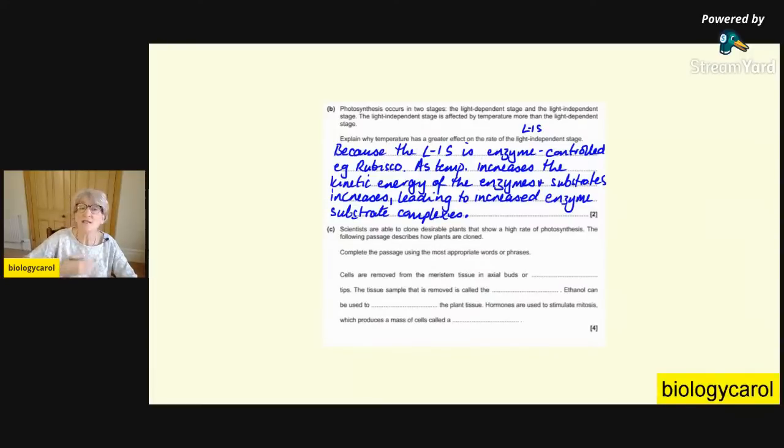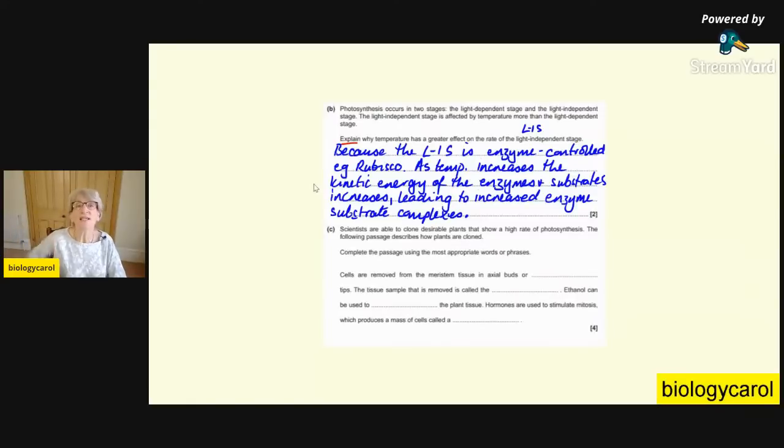As temperature increases, and then I must admit, I kind of wrote, well, what else do I write for a second mark? And then I remembered my own little advice to myself and to students. If you're answering an explain answer and you know the headline answer, in this case, light-independent stage is enzyme controlled, and I've still got other mark points to win.